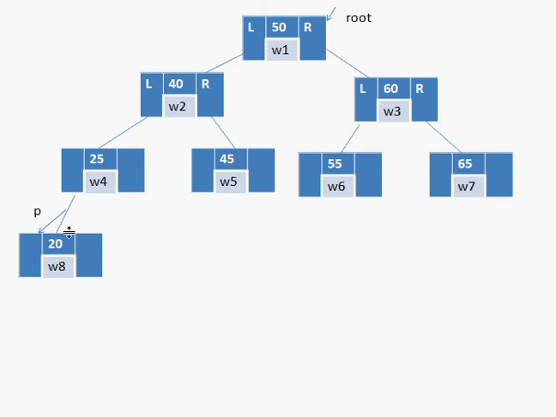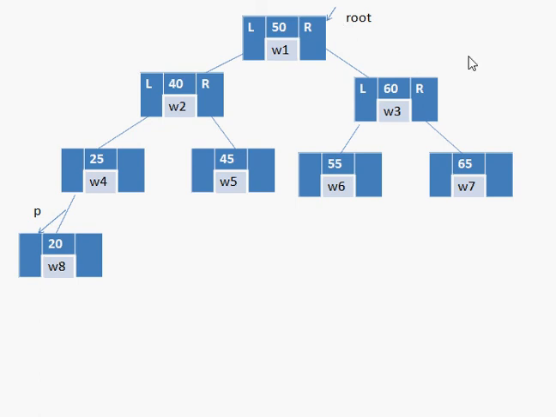Otherwise, if you follow linear search, in the worst case you may have to go through 8 iterations, 8 comparisons, to check whether the key is present or not. Here the total number of iterations is given by the formula log n to the base 2. If n is the number of elements, log 8 to the base 2 is 3 in this case. So at most 3 iterations. This is an effective method because elements can be searched in an effective manner.